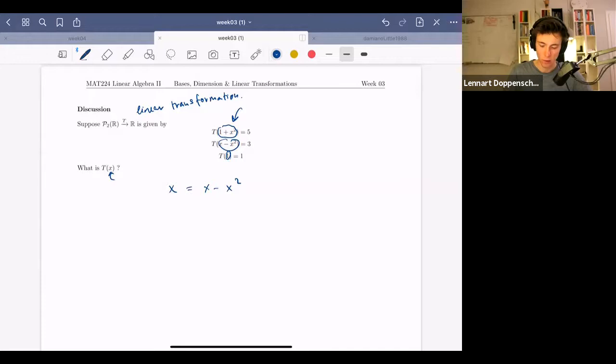So we need to add 1 plus x squared, the first element, and then the x squareds will cancel out.